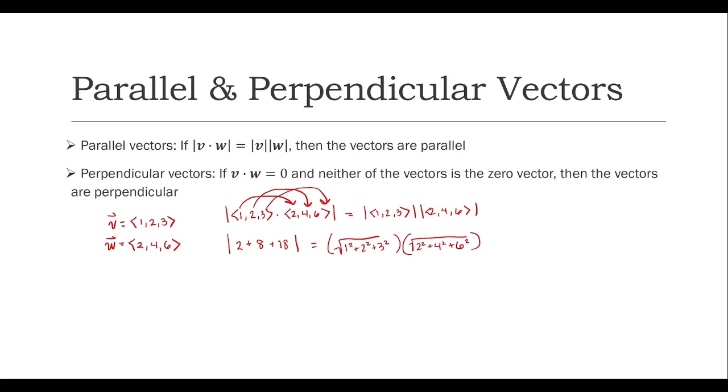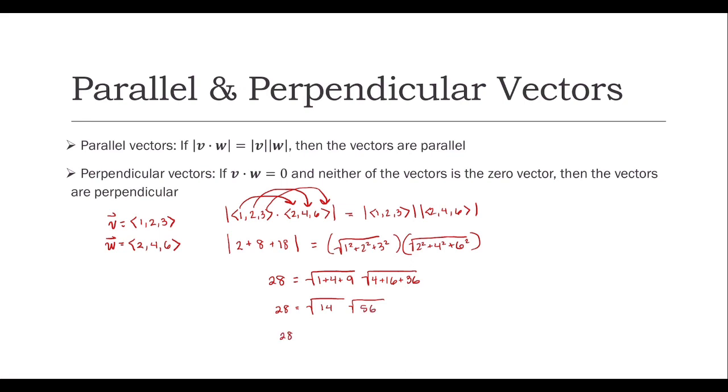So 2 plus 8 plus 18 will give us 28. So the magnitude of that is just 28, equals the square root. 1 squared is 1, 2 squared is 4, 3 squared is 9, and then the square root of 2 squared, which is 4, 4 squared is 16, 6 squared is 36. So 28 equals the square root of 14 times the square root of 56.